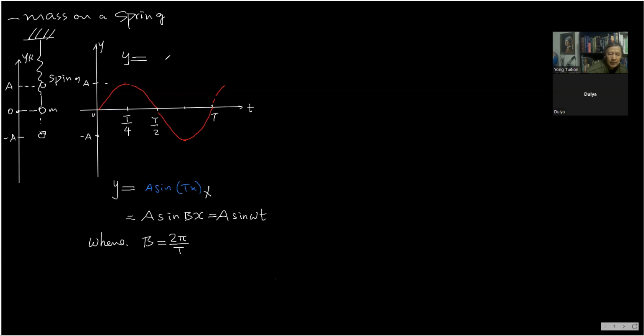So maybe we can just write the formula here. This is a sine omega t. And because omega is in the same position as b, omega is simply equal to 2 pi times the frequency, and also equal to 2 pi over T, where we have used the simple relation that the frequency is the reciprocal of the period.